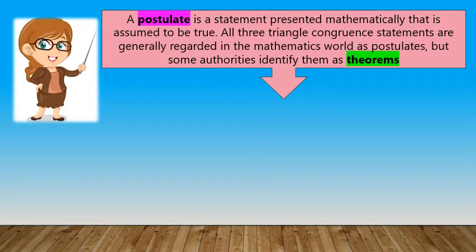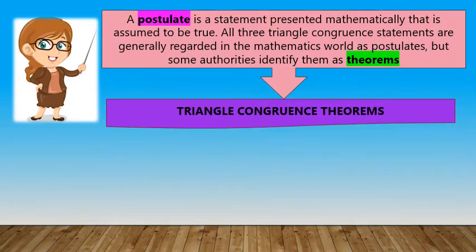We accept that it is true, but we need a proof. But a postulate is accepted to be true without proof. So this is the difference between the postulate and the theorem. In this case, a postulate can be considered a theorem. This is called the triangle congruence theorems.